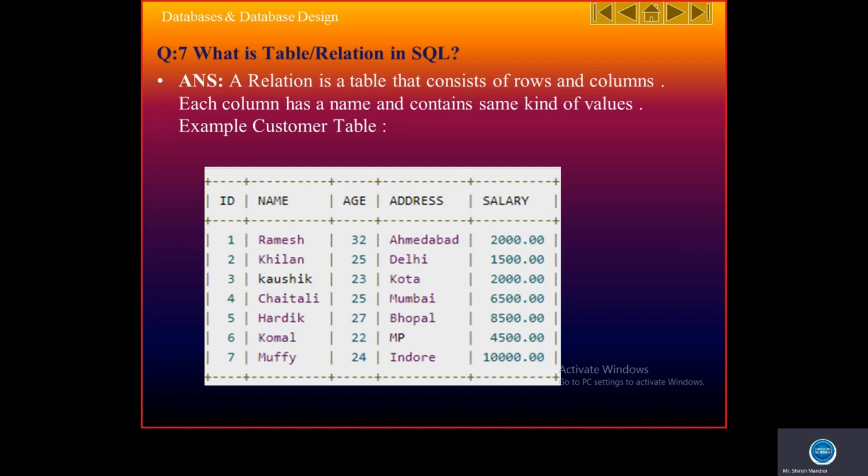These are known as column names. And the records: row 1, Ramesh, 32, Ahmedabad, 2000. These rows are known as the records of the table.